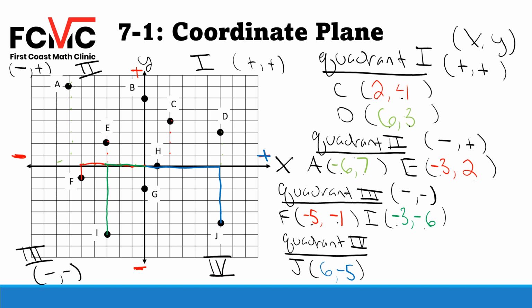All the coordinates in quadrant 4, right, we've got positive, negative, are going to be positive, negative in quadrant 4. So this is positive, negative. All right, so we did the coordinates on the grid itself. I want to do the points that are actually on the axes. So let's do that as well.